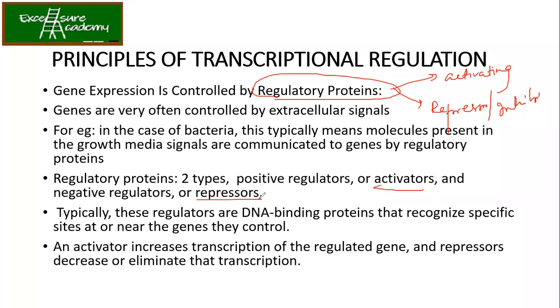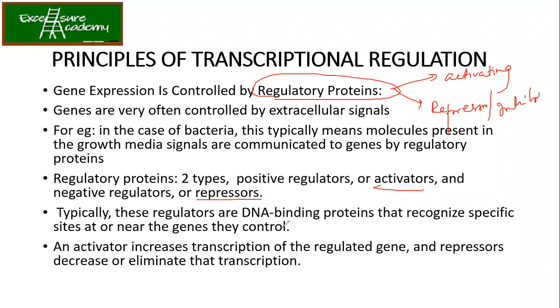Now these activators and repressors will come into action only depending on extracellular communicating signals. This is not communication within the cell, this is from the outside; only then will these activators and repressors come into action.